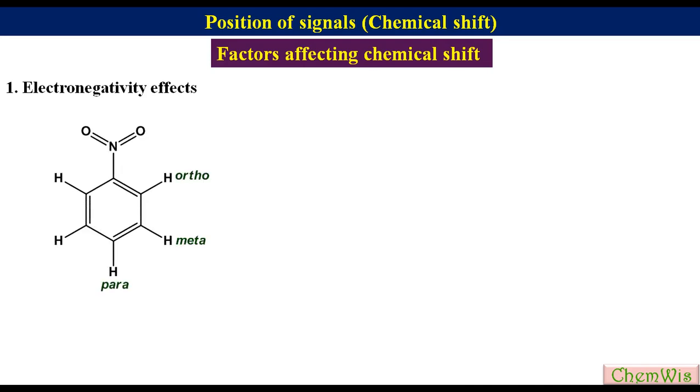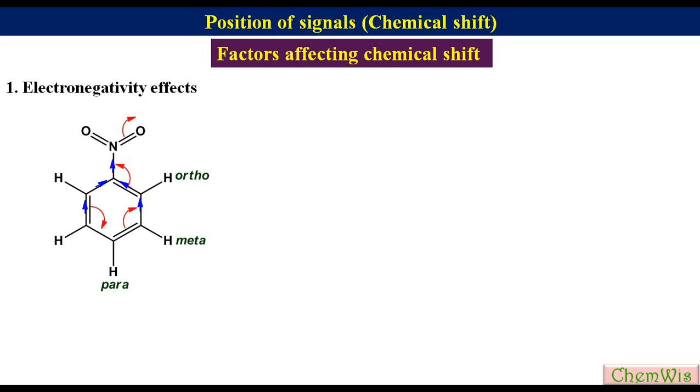Nitrobenzene. It gives 3 signals in the proton NMR because of 3 sets of protons: ortho, meta and para. The nitro group pulls out electrons from the ring by both the inductive and mesomeric effects.